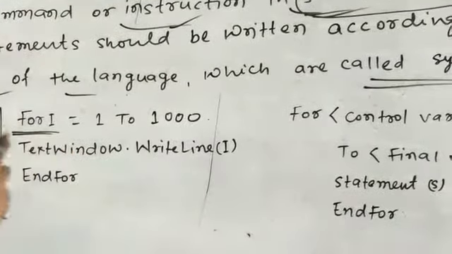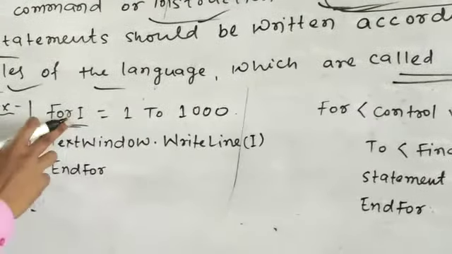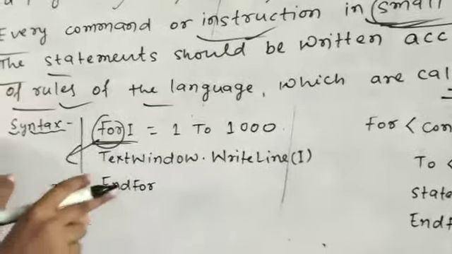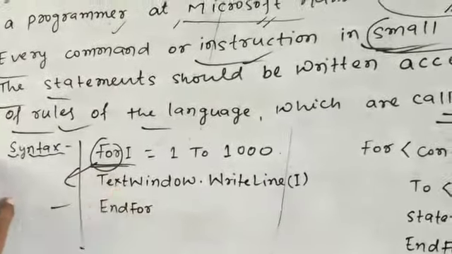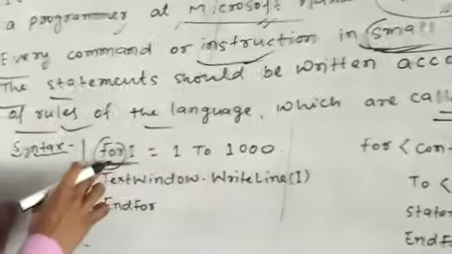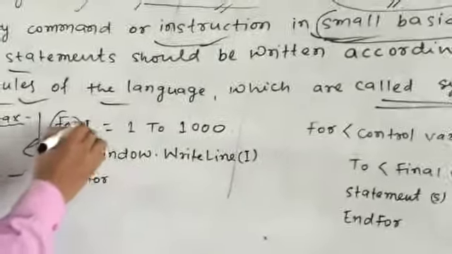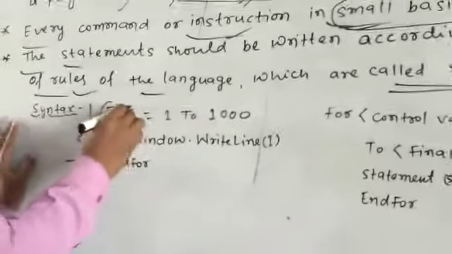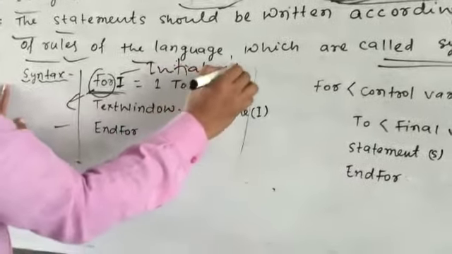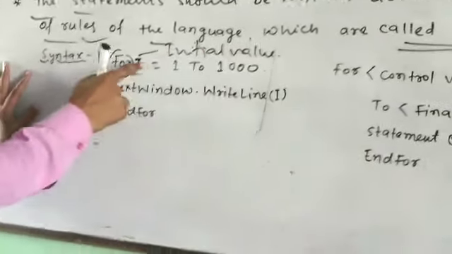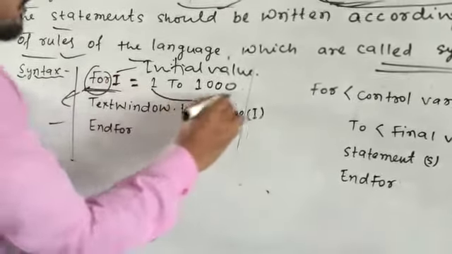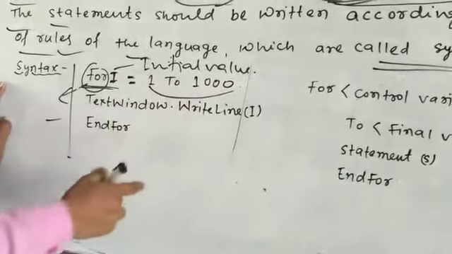Just like this is a loop: For. This For means this is a loop. There are two types of loop, for loop and while loop. So this is For loop based coding. For is the loop, and capital I stands for initial value, then equals, and then 1 to 1000.